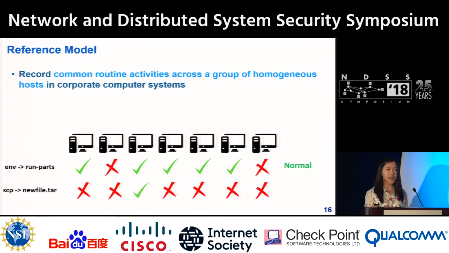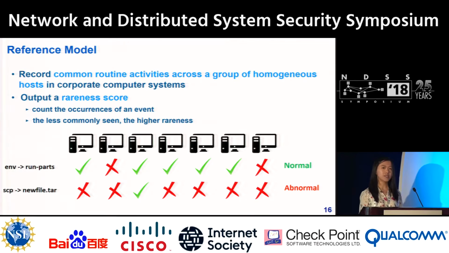And if an event is rarely seen from most of the hosts, we treat it as more abnormal. So we do this by counting the occurrences of an event on different machines, and we output a rareness score based on that.